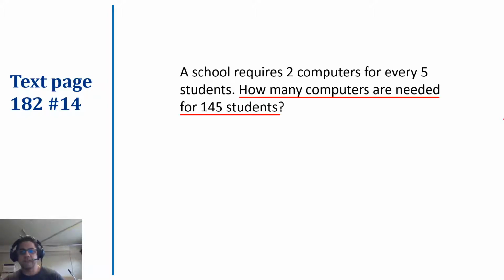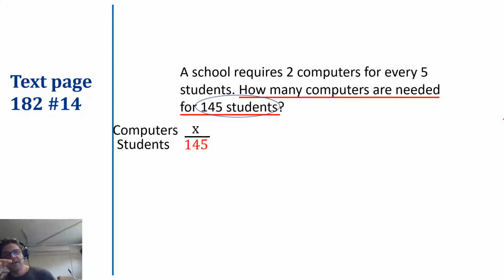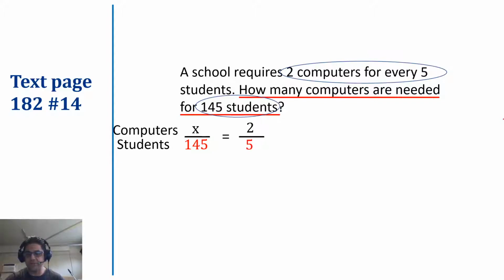So let's see. If I do it as computers to students, that's x over 145, because we don't know how many computers are required for 145 students, but we do know the ratio of 2 to 5, meaning 2 computers for 5 students, is going to help us solve our proportion. We're going to do our cross product multiplication.